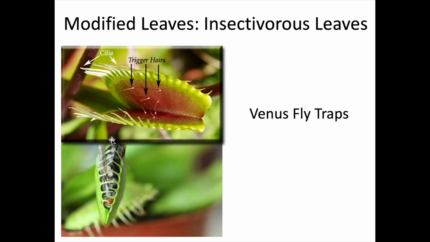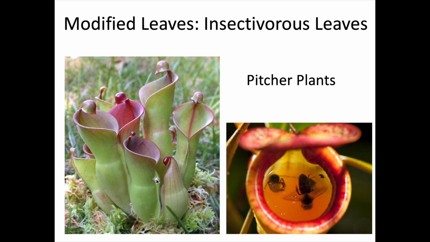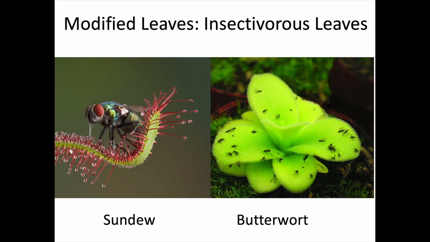The reason why these insectivorous leaves evolved was not to get carbon, it was to get nitrogen. These plants live in very nitrogen poor soil, and you need nitrogen to live. Everything needs nitrogen to live. So what are you going to do if you're a plant and you don't have enough nitrogen? Well, you know what has lots of nitrogen?